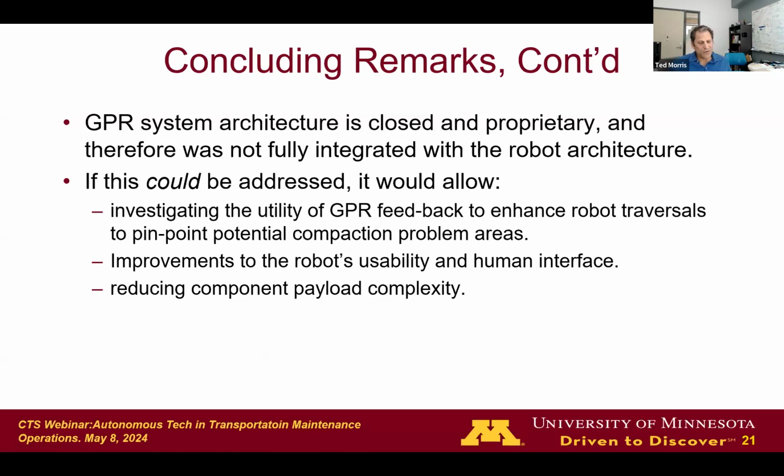The other side of doing that is to make it a much more usable system. There's a lot of dual effort, so to speak, in configuring the robot so that it matches the information on the PAVE scan system.